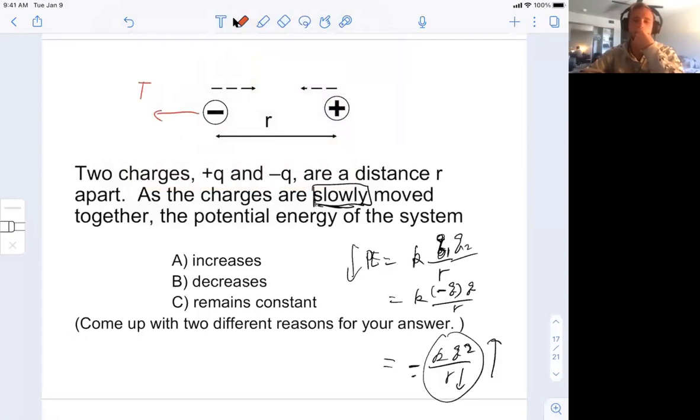This is an external force, conquering the Coulomb force. Yes, and your displacement dl is to the right. Force dotted into displacement, they have opposite signs. So you have done negative work, which means you have decreased the energy of the system. So they get the same answer. So B is correct.